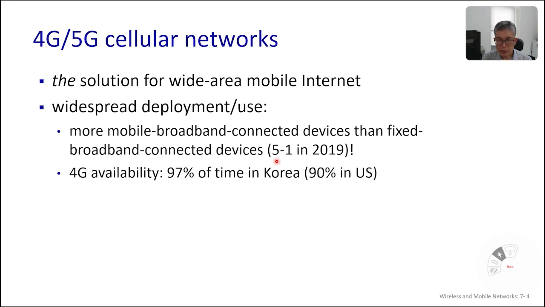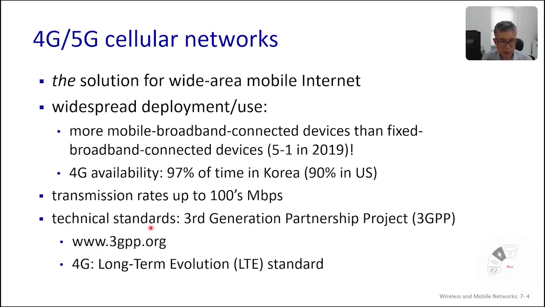The ratio is 5:1 in 2019. 4G availability is 97% over time in Korea, compared with 90% in the United States. Transmission rate is up to 100 Mbps.